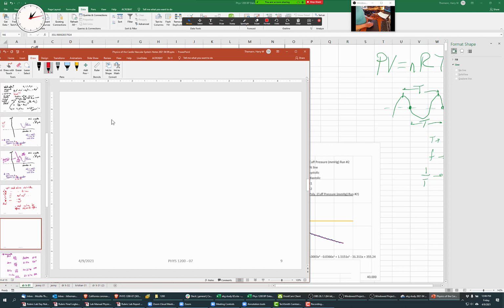And then we plotted the residuals. And remember, that's data minus the fit. And the fit is the background.